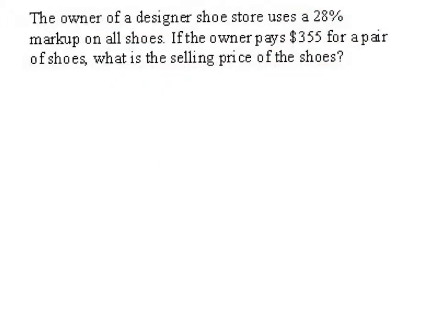The owner of a designer shoe store uses a 28% markup on all shoes. If the owner pays $355 for a pair of shoes, oofda. What is the selling price of the shoes? So we're going to find the markup, which we did before, but then we're actually going to have to add it back in to see how much they sell for. So we need to take 0.28 times 355 to get the markup.